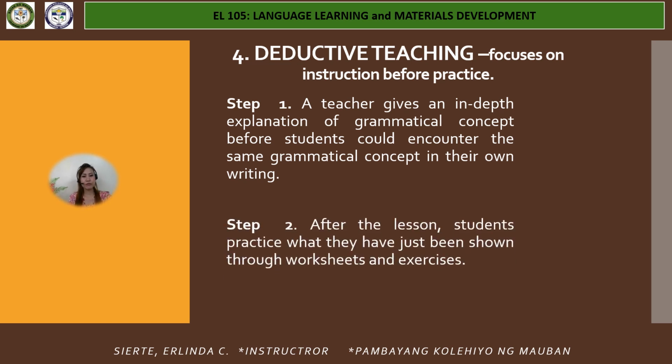Step 2, after the lesson, students practice what they have just been shown through worksheets and exercises. Alright, this will go to the exercises that you will be dealing with. This is a sort of deductive teaching.